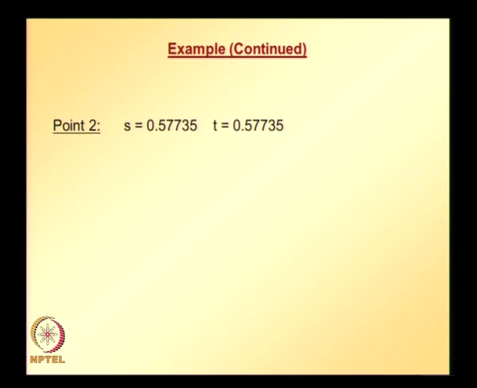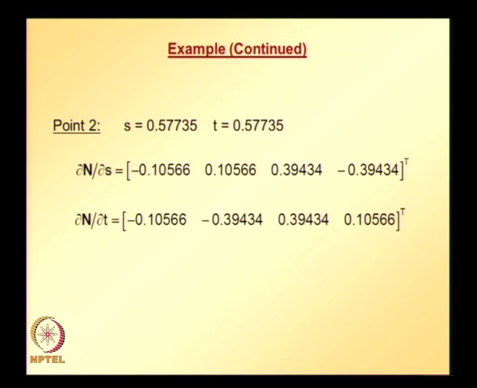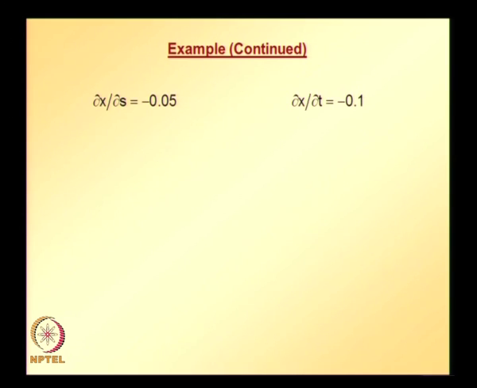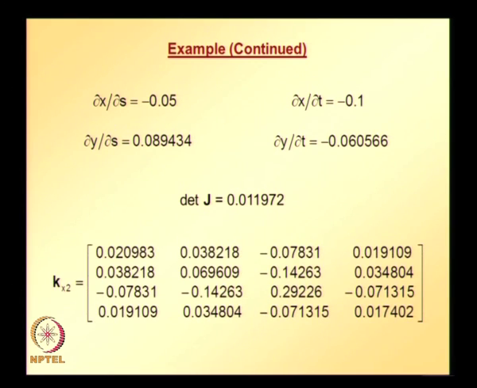So, this is the second integration point that is chosen, and the shape function vector derivative with respect to S, shape function vector derivative with respect to T, and once we have that information, we can easily calculate the derivative of x with respect to S, derivative of x with respect to T, derivative of y with respect to S, derivative of y with respect to T, determinant of Jacobian, Bx vector, and then once we get the Bx vector, we can easily calculate Kx times Bx transpose times determinant of Jacobian.